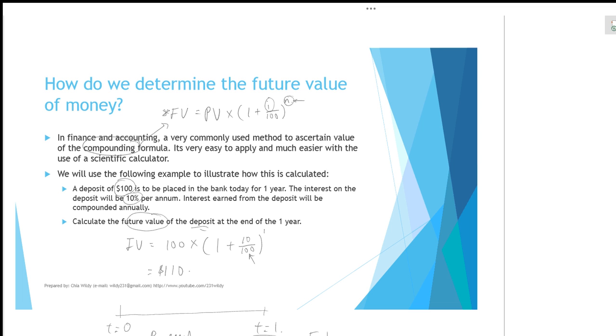The process of determining this future value from present value is referred to as compounding. So when you compound a present value, it means that you're trying to find out how much it is worth in the future.